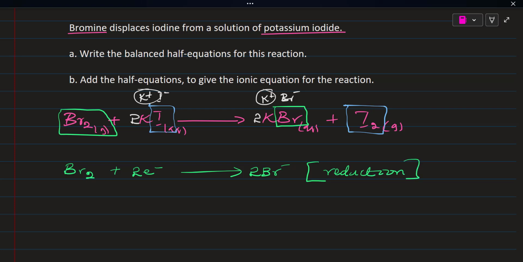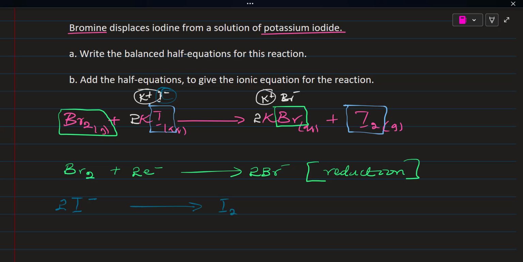And then we look at the other side here. We have I minus at this side, but there is just I here. So it means the electron was here before, but there's no electron here. So it means it has lost electrons. It's going to be 2I minus loses 2 electrons, because there are 2 of them, to become I2.